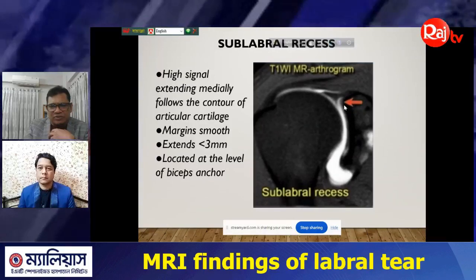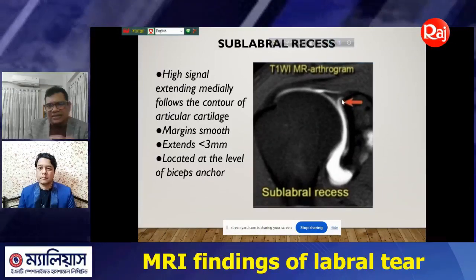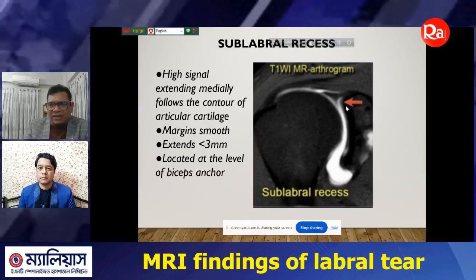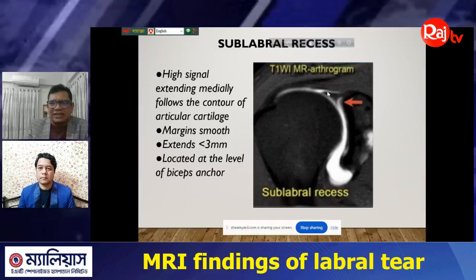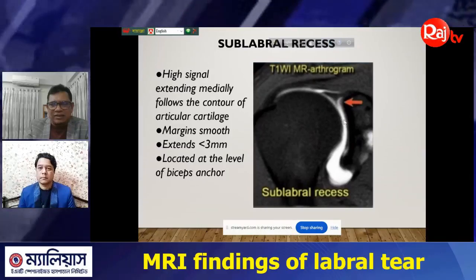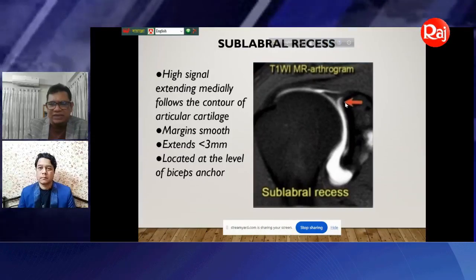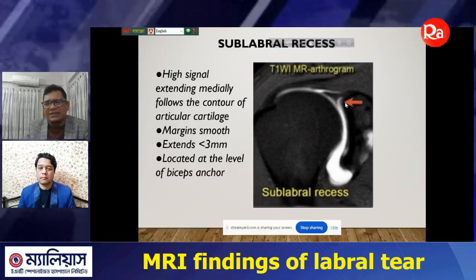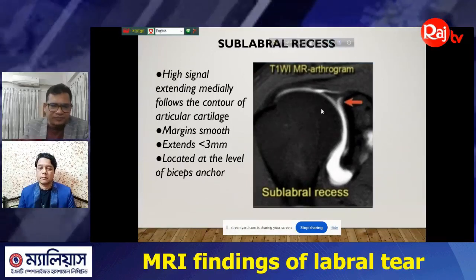Margins are always smooth, and it extends less than 3 millimeters and is located at the level of the biceps anchor. This is an anatomical variant of the superior labrum, the sublabral recess. So we should not confuse it with a superior labral tear.